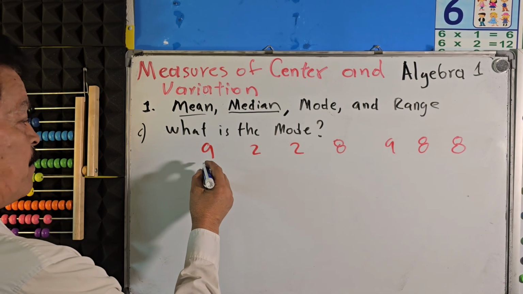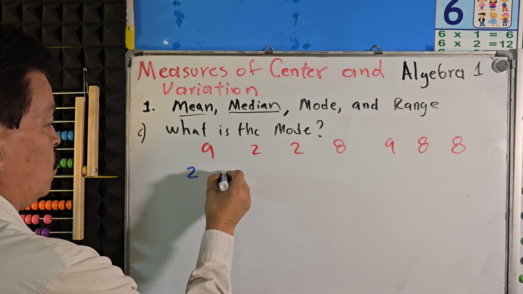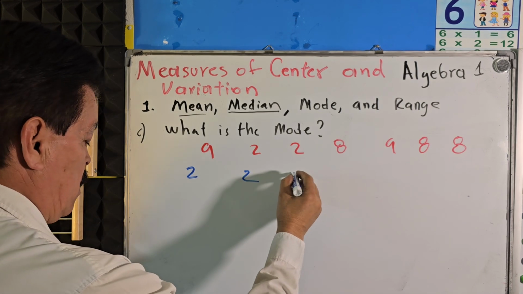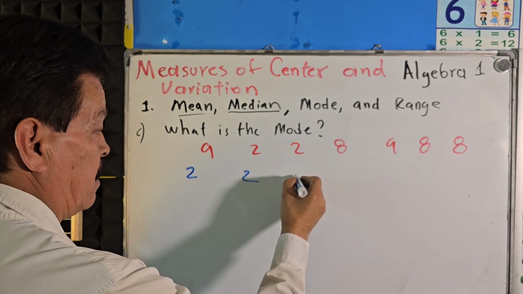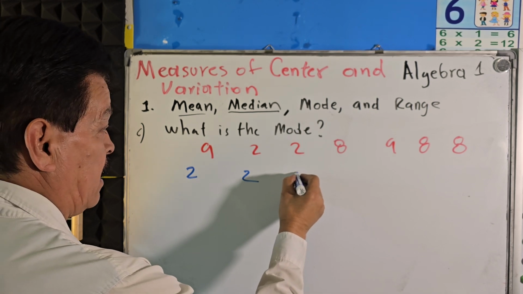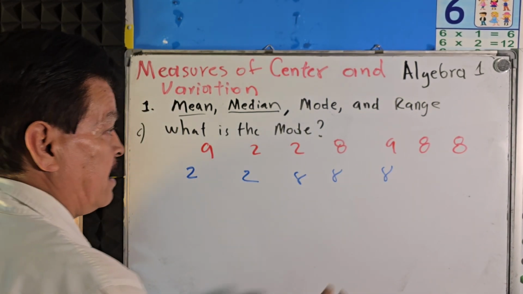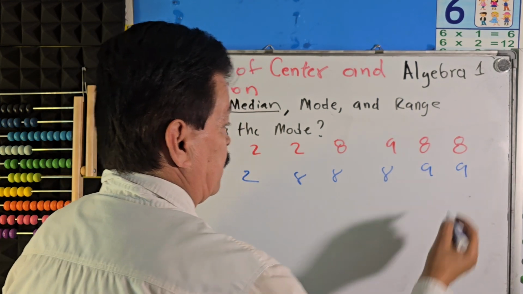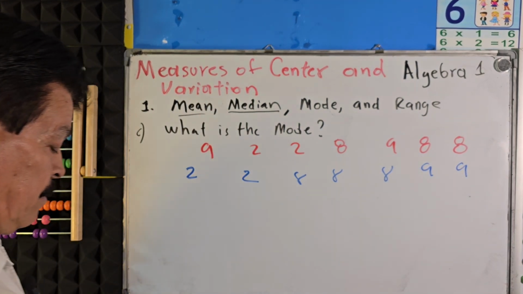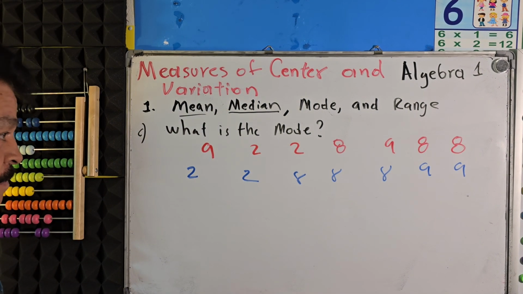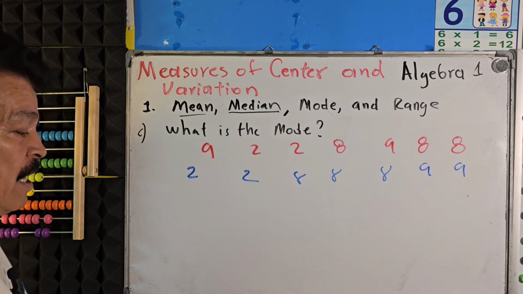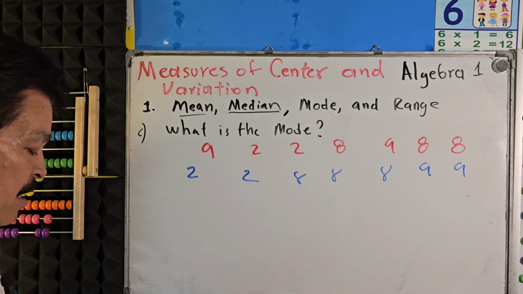So we have the smaller ones, 2, 2, 8, 8, 8, and then 9, 9. Okay. So see, immediately you see the answer here. It's very simple.